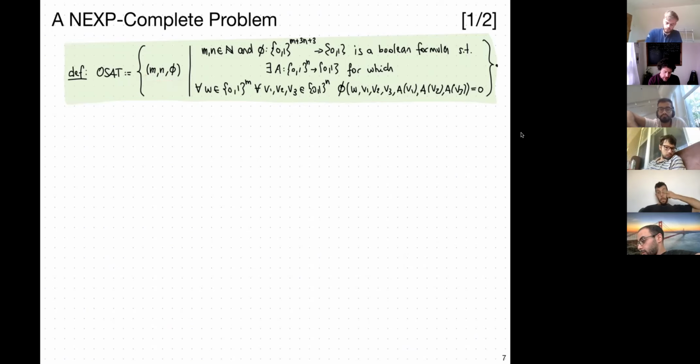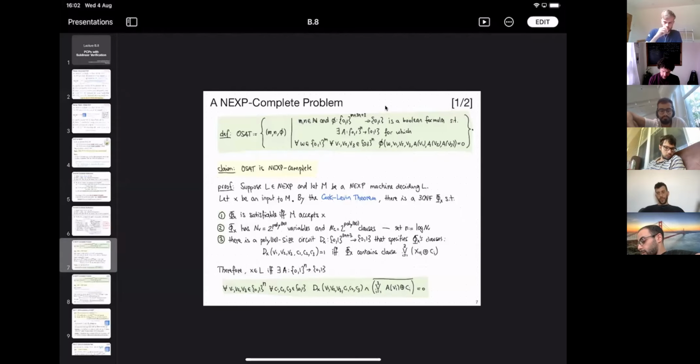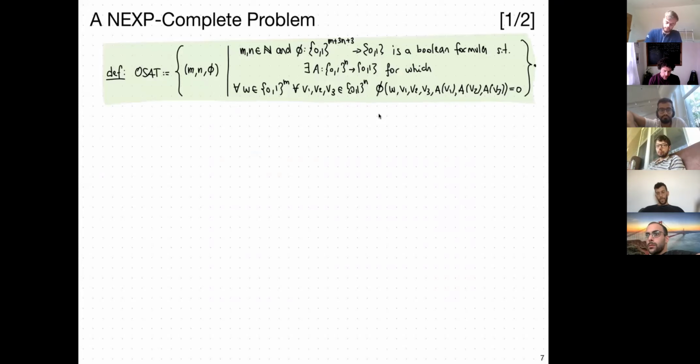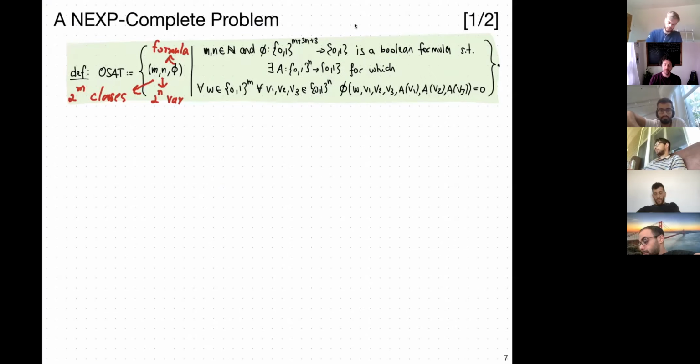I want you to think of this m as roughly 2 to the m would be clauses, and n would be representing 2 to the n variables, and this would be some formula. It's not exactly what will happen. You'll see in a second that this is just approximately what happens, but let's begin with that.